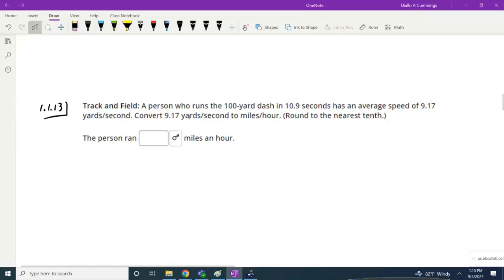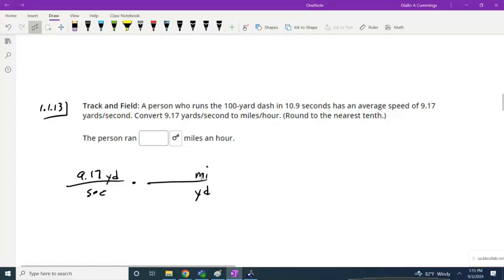So here again, we're converting yards to miles and seconds to hour. So that's 9.17 yards per second, with yards in the numerator and seconds in the denominator. For this first unit fraction, I'm going to convert yards to miles, so I'm going to put yards in the denominator, because once we go back and multiply, we can cross-cancel yards.